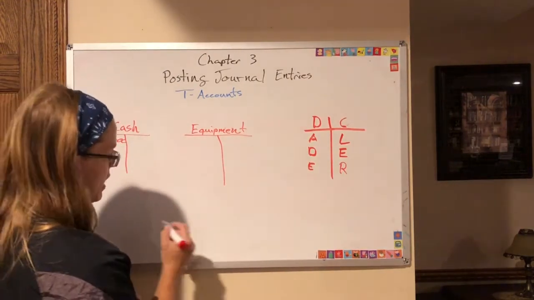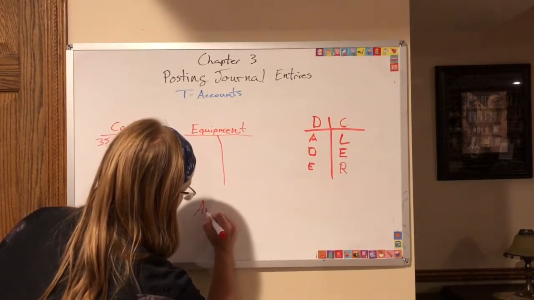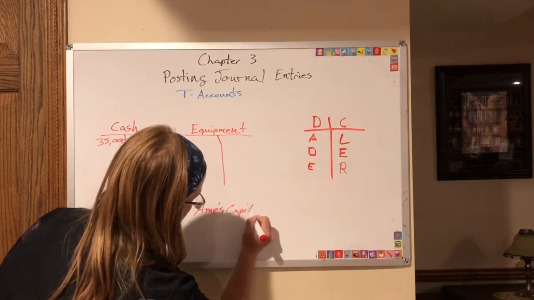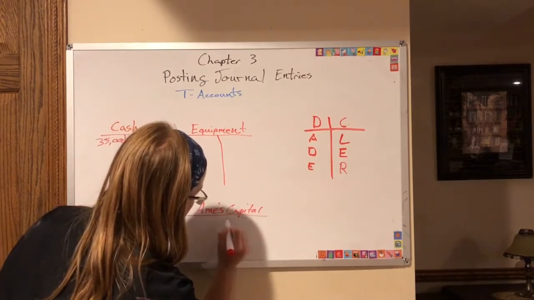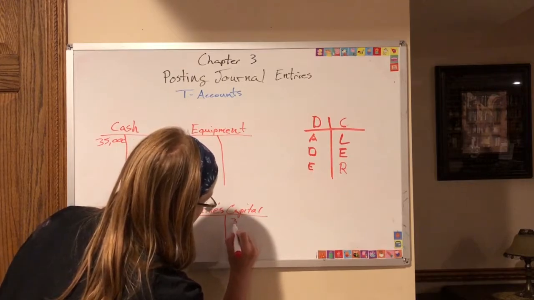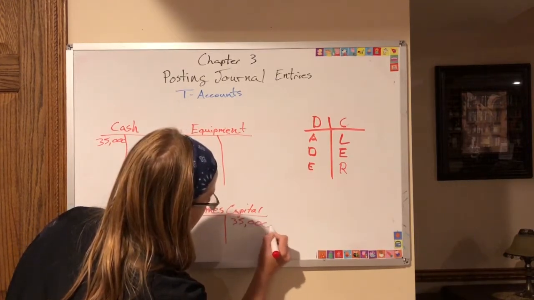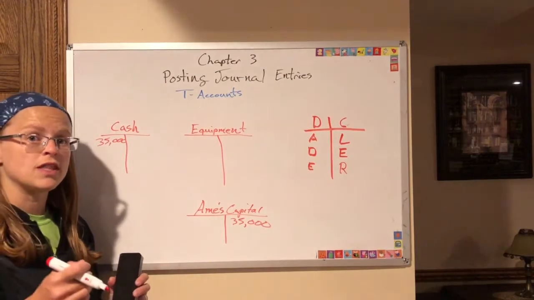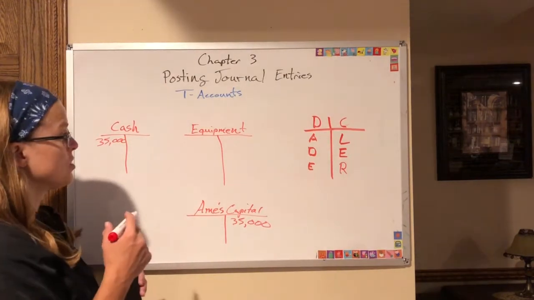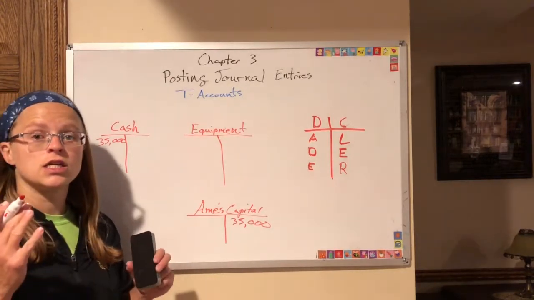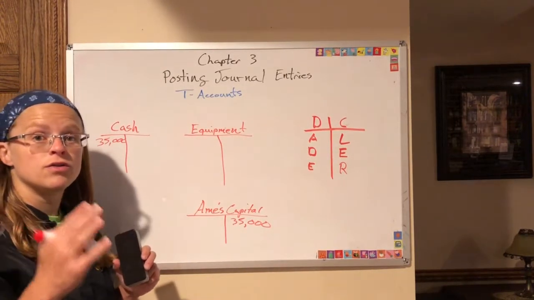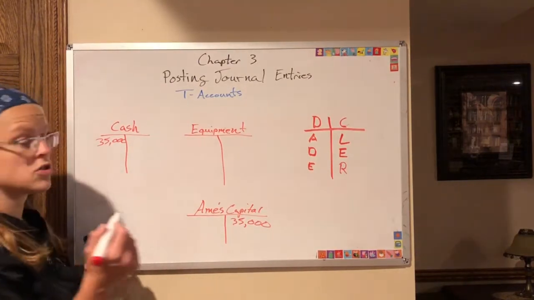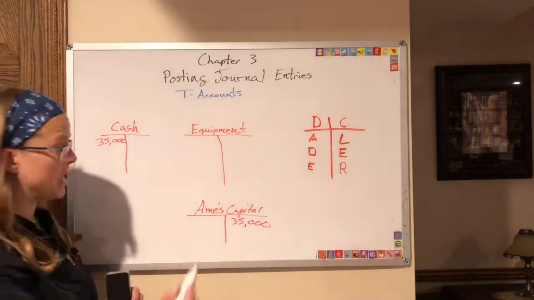And then we have Anne's capital down here that was already impacted, with $35,000 as our credit. Let's just say she purchases $20,000 worth of equipment. Like I said before, she needs equipment for her facility to train the athletes. She purchases $20,000 worth of equipment and she pays cash.